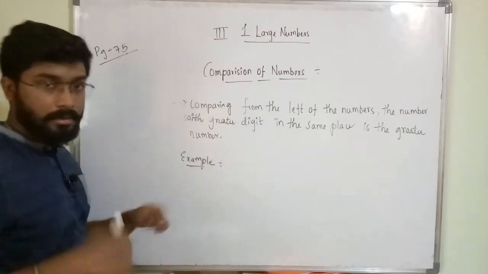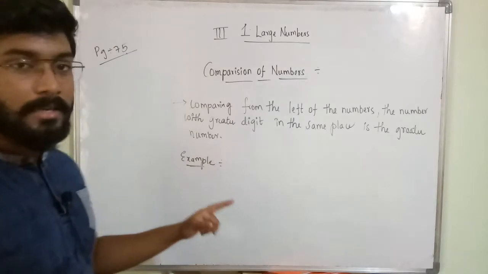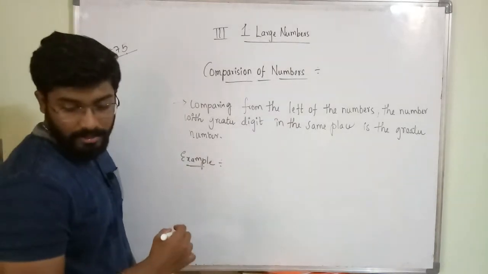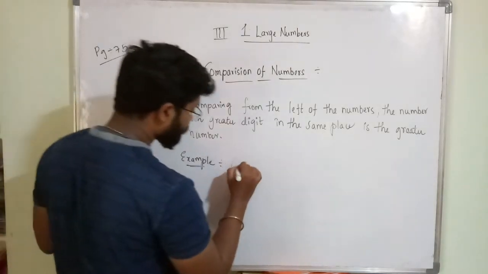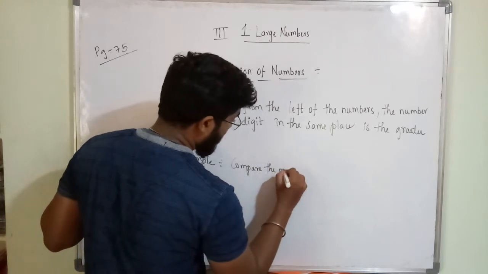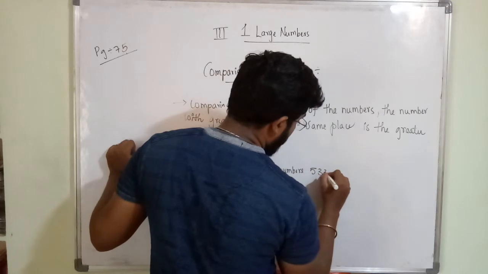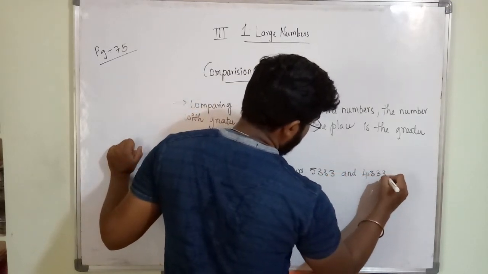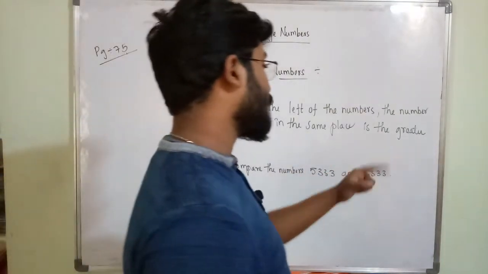Okay, example, because under this statement if I say the example it will be very clear. Okay, compare the numbers 5333 and 4333. Clear? Compare the numbers 5333 and 4333.